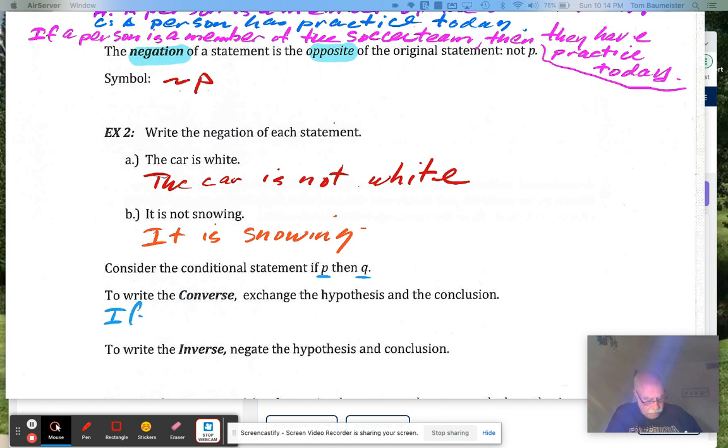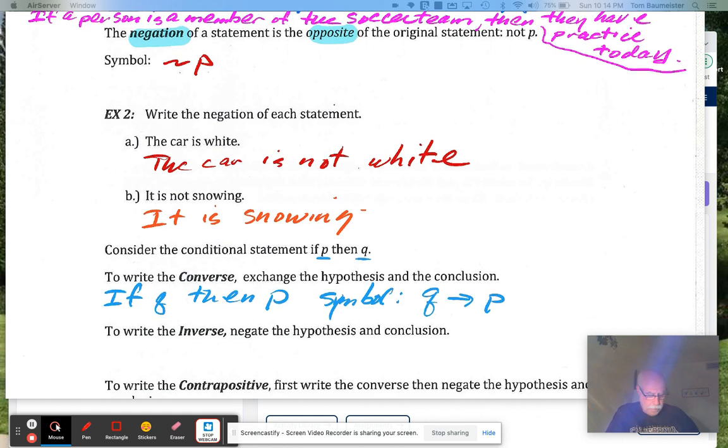We're going to say if Q, then P. All right, or symbolically, we would say Q implies P.